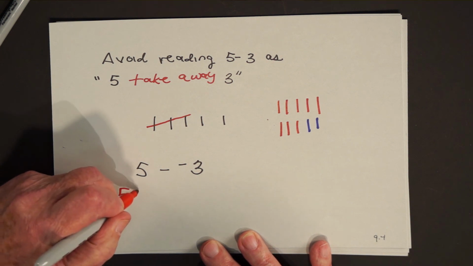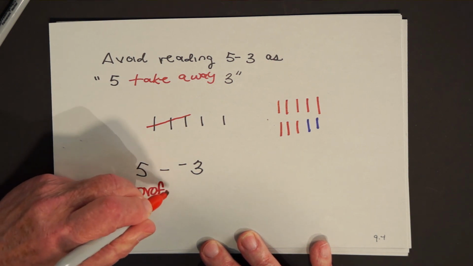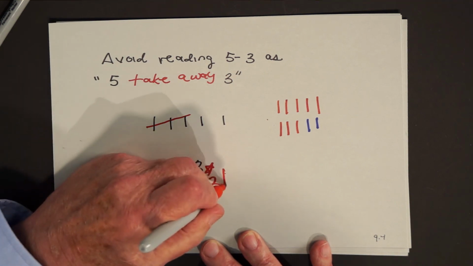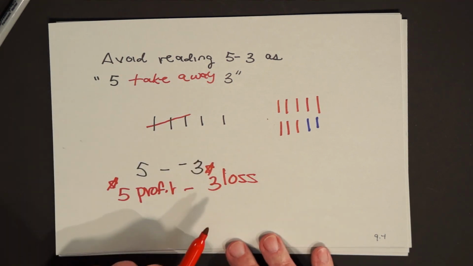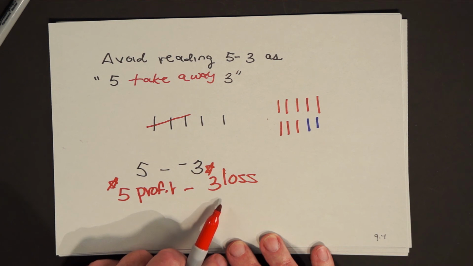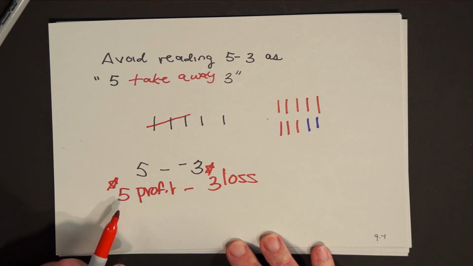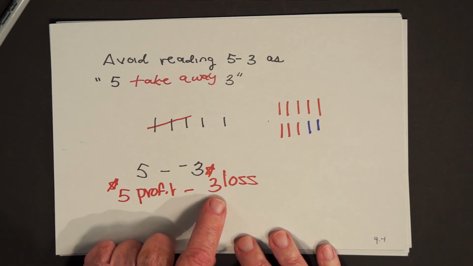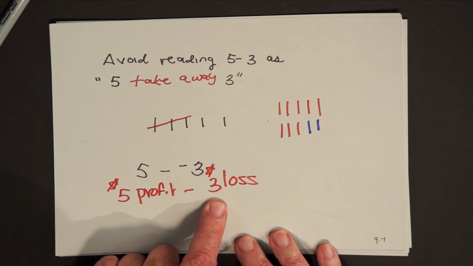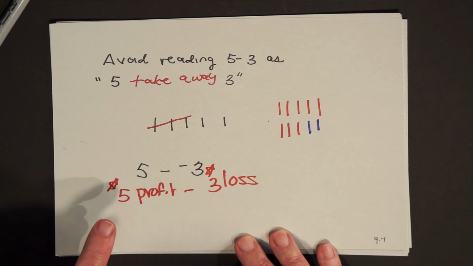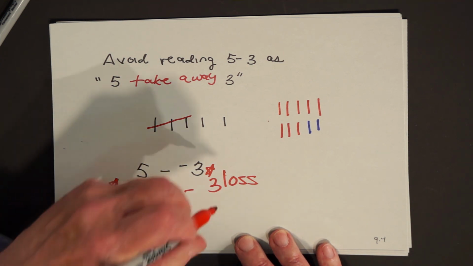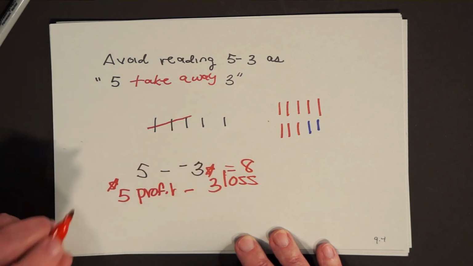So you can read this: what do you have to add on to a $3 loss to get a $5 profit? Well, it's not very difficult to see, if I have a $3 loss, I first have to make a $3 profit to break even, and then a $5 profit on top of that to make a $5 profit. So altogether, I have to make an $8 profit.